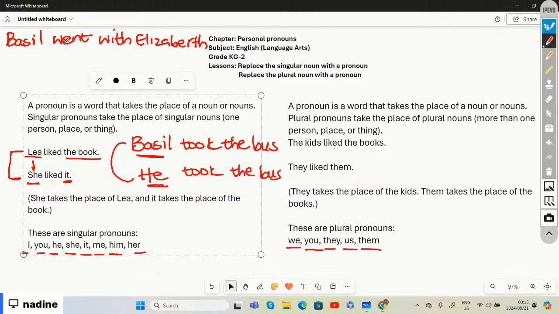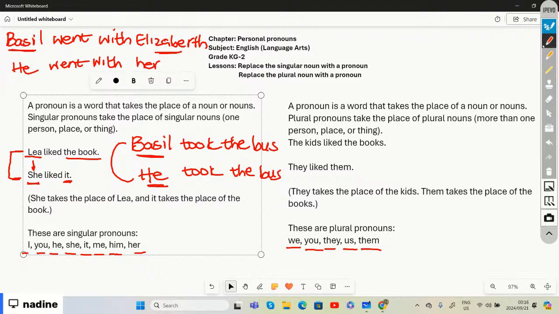So if we say Basil went with Elizabeth, we're going to replace the names with pronouns. Instead of saying Basil, we're going to use the pronoun he. So we'll say he went with, and instead of saying Elizabeth, we're going to say her. So he went with her.